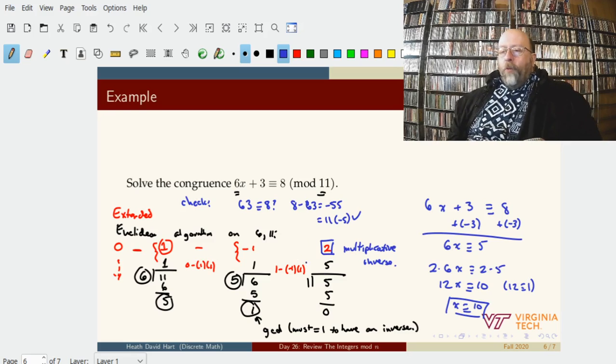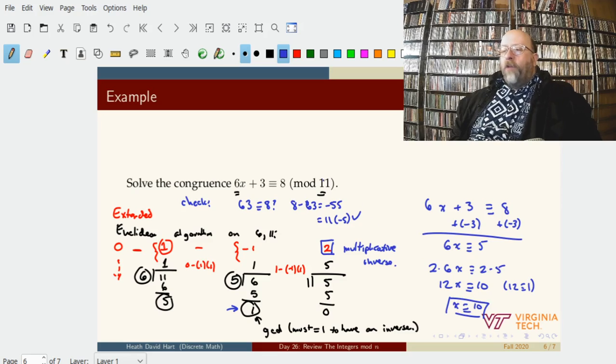We perform the Euclidean algorithm to make sure that the GCD is equal to 1. Then once we've made sure that GCD is equal to 1, we perform the extended Euclidean algorithm to get the multiplicative inverse. And then we use the multiplicative inverse to solve the congruence.